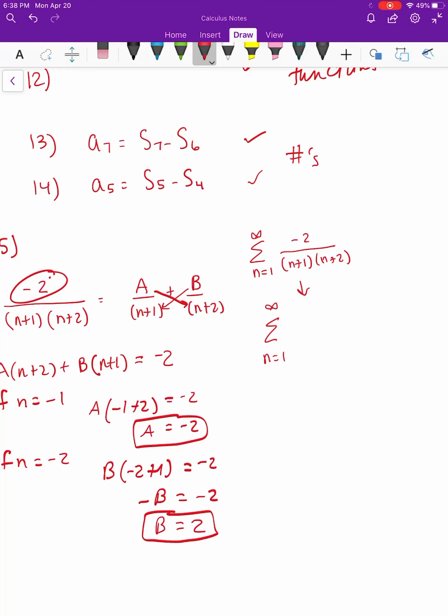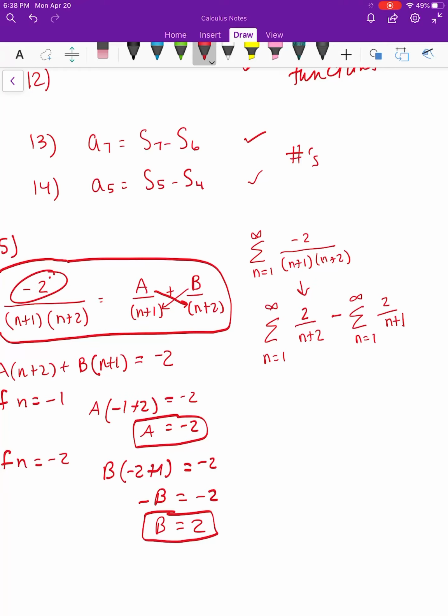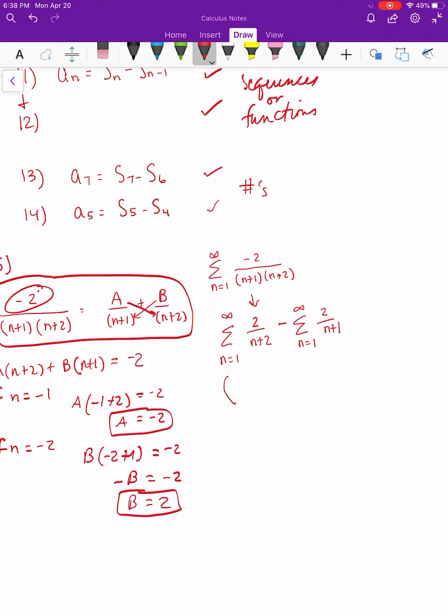So now we're able to take our summation, n equals 1 to infinity of negative 2 over n plus 1 times n plus 2, and say, okay, I just proved that this can be written as, and I'm going to put the positive one first, so B is 2 over n plus 2, and then minus, for my negative one, I'm going to do it second, 2 over n plus 1.